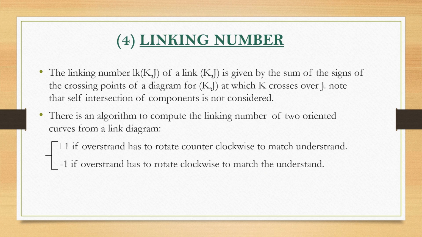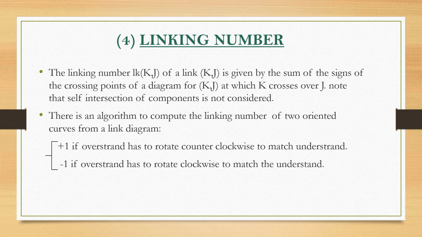The fourth knot invariant is the linking number. A linking number is denoted by Lk(K,J), where K and J are the components, and the linking number of a link K, J is given by the sum of the signs of the crossing points of a diagram for K, J at which K crosses over J. Self-intersection of components is not considered while calculating the linking number.